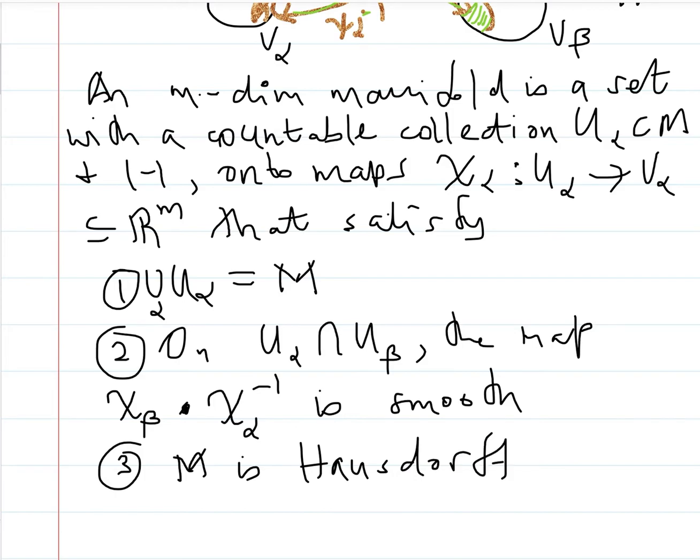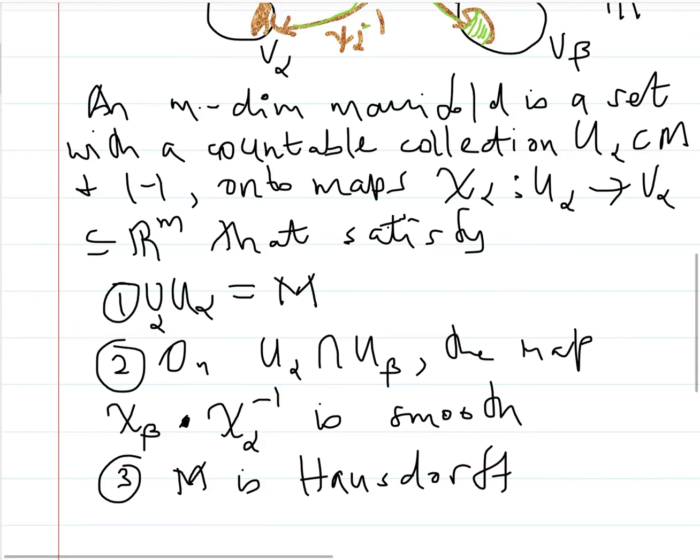That is that for every point in the set, you can find an open set which does not intersect with an equivalent one for the next set. So that's the formal definition of a set being a manifold.